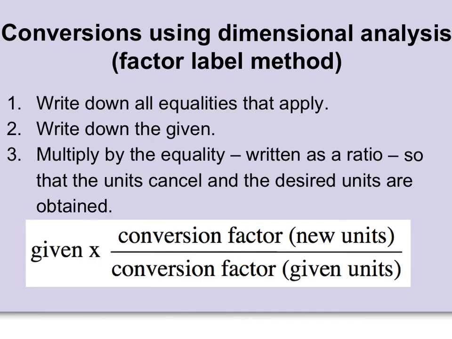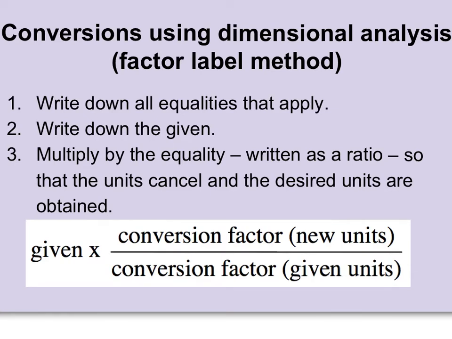Once you're comfortable just reading that metric unit prefixes chart, start trying to work on doing some metric conversions using this method called dimensional analysis, or the factor label method. I know that many of you can do these metric conversions simply by moving decimals, and that's great. I'm actually very glad you can do that. It's a very efficient way to convert.